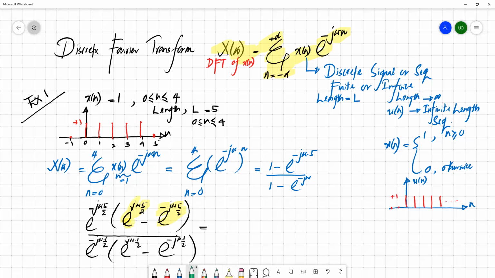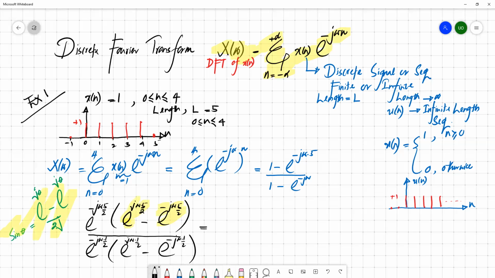So you know that sine theta is e to the power j theta minus e to the power minus j theta, divided by 2. So you can simply substitute this here.